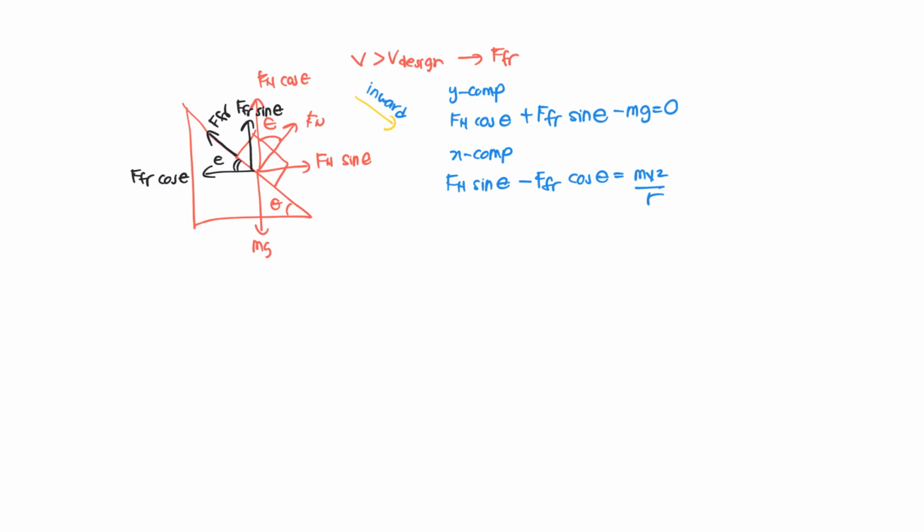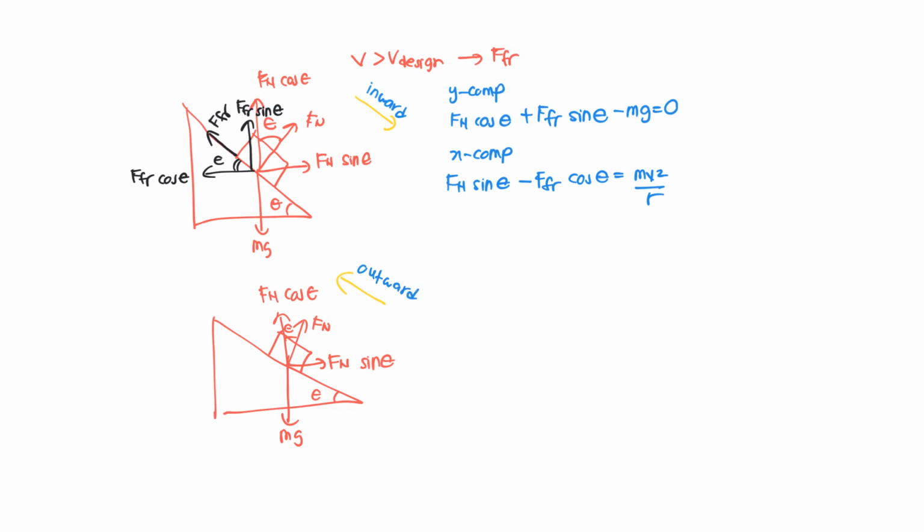What if you skid outward? The same diagram: you have Fn, you have mg, you have Fn sin theta, you have Fn cos theta. I'm going to use the angle here. If you move outward, you tend to skid outward, so definitely you need something that opposes the motion outward, which is definitely going to be frictional force.